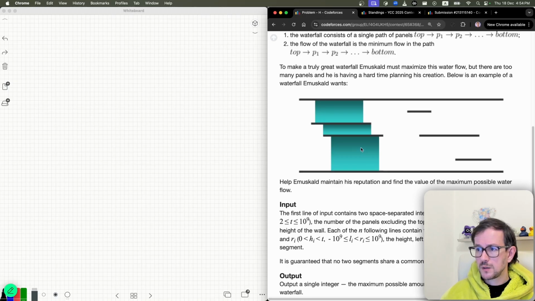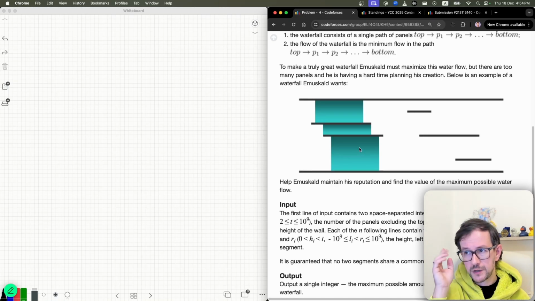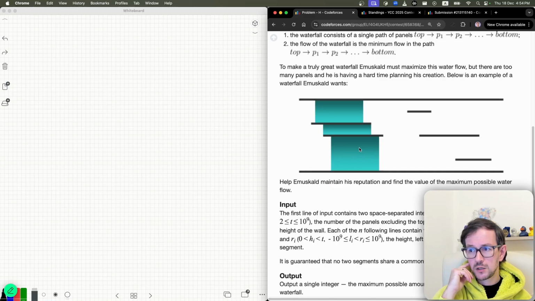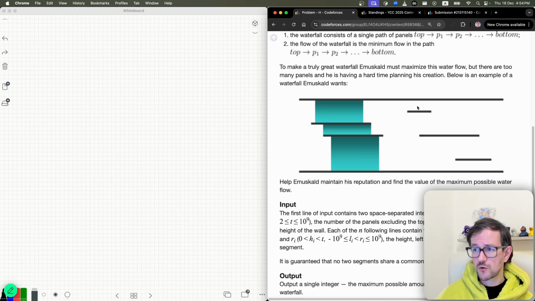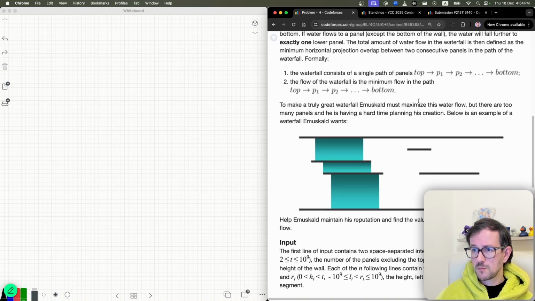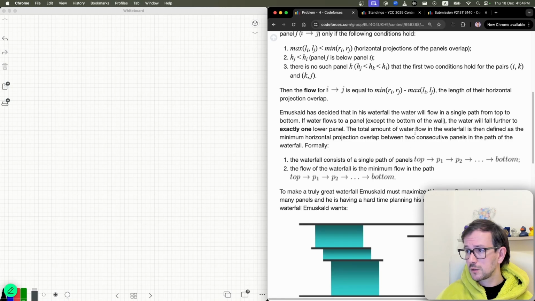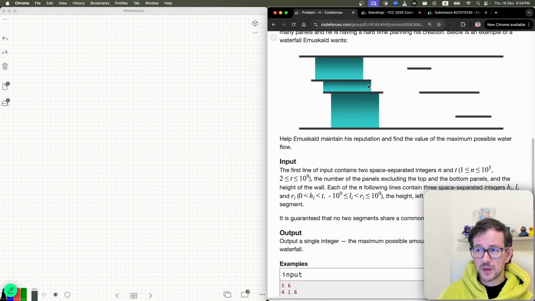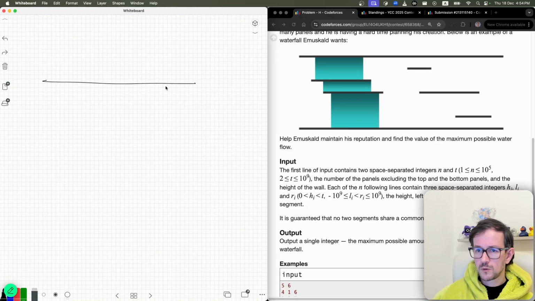The first important idea I had in this problem is about the number of edges in this graph. You consider it as a graph. If you can make a flow from one panel to another panel, let's draw an edge from here to here. Let's draw some example, like this, two, and a bottom panel.